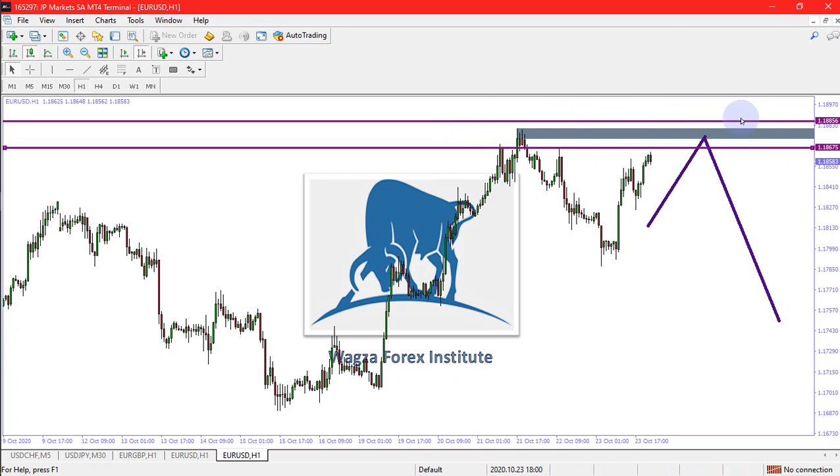You add more liquidity by placing the stop loss here. Then it's our official bank's liquidity successive high. Then our prediction is this or this. It can come and make another retest. Then at the end of the day, it goes down.